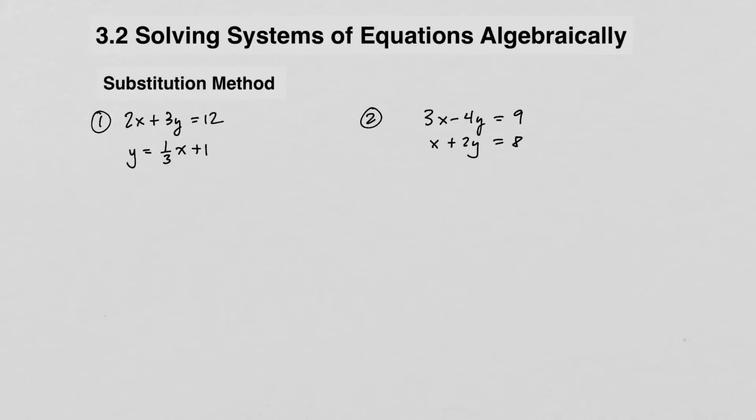So let's take a look at how we would solve this system. And by the way, this should look familiar. This is the same system that we looked at in section 3.1. The main principle is, in the second equation, since y is equal to 1/3 x plus 1, we can take that expression, 1/3 x plus 1, and we can substitute it in to replace y in the first equation.